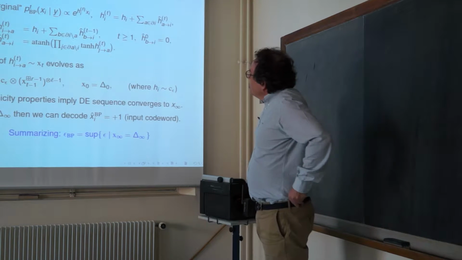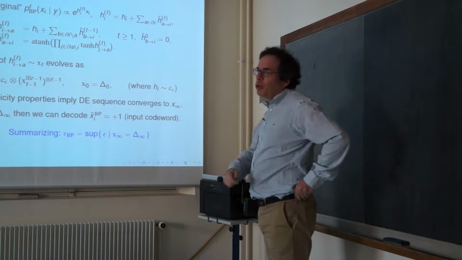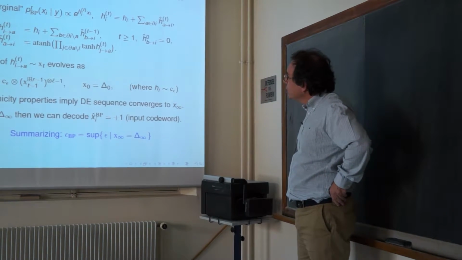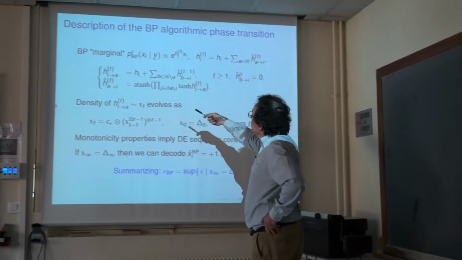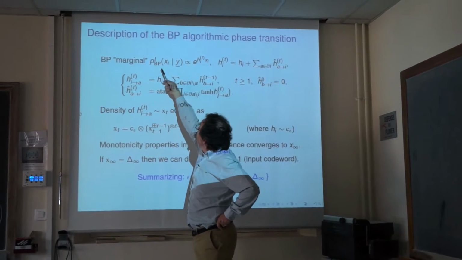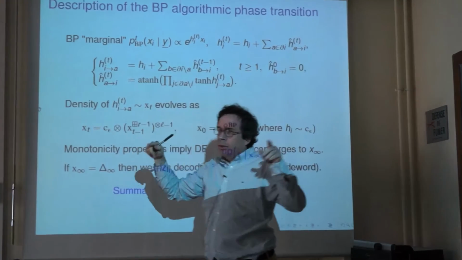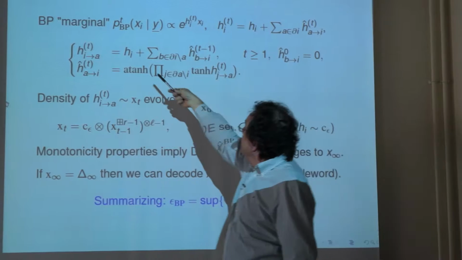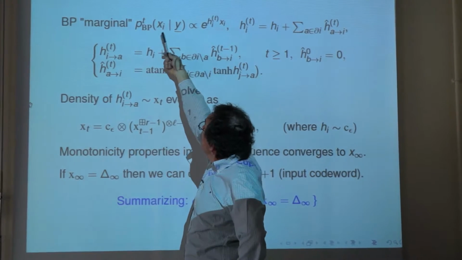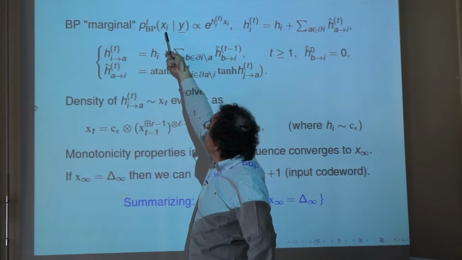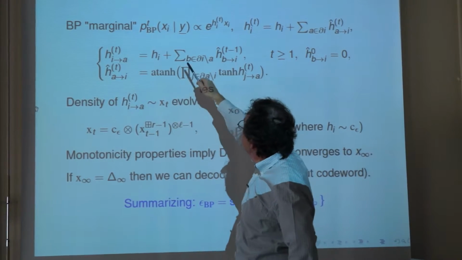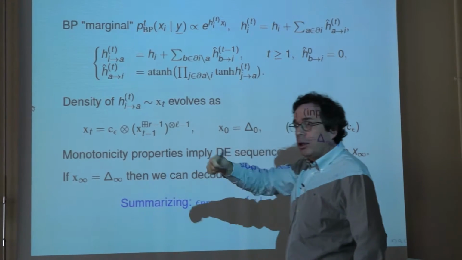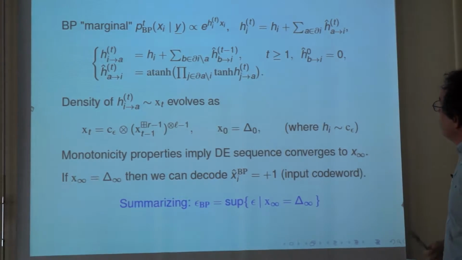So I need to introduce a few tools. How do you compute first the belief propagation threshold, this algorithmic phase transition? Well, belief propagation allows you to estimate what I call the marginal, in quotes, because it's not the true marginal, but a belief propagation estimate of the marginal of bit x_i given the observations, and that's an iterative algorithm, so this depends on the number of iterations t that you use.